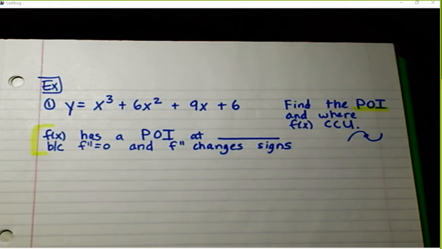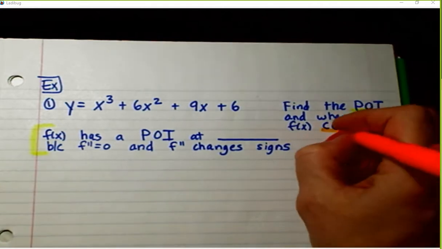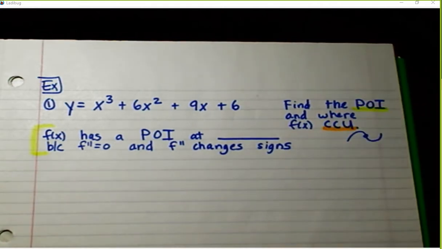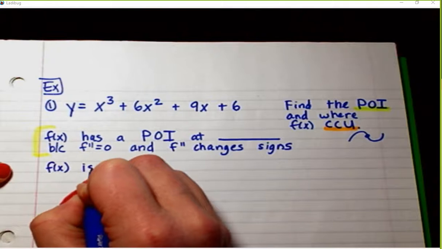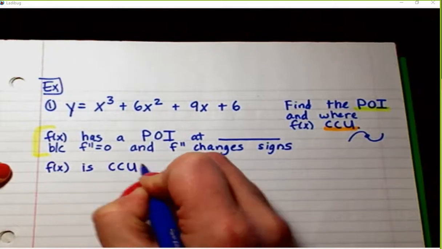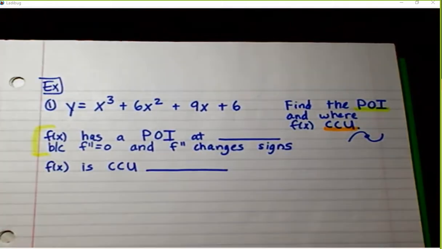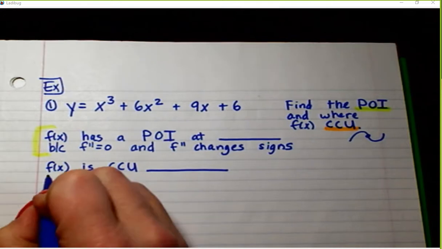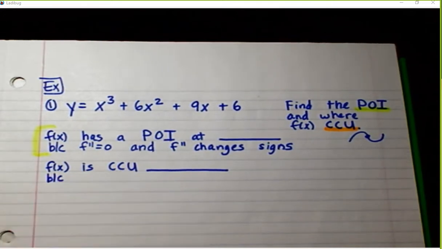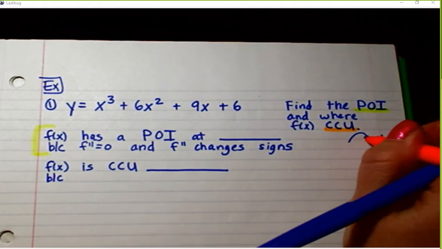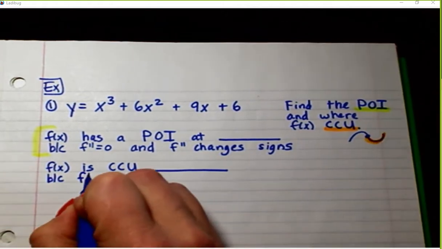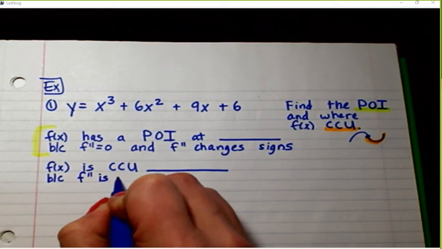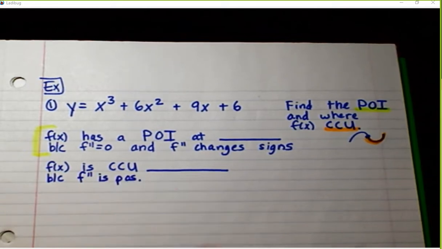I'm going to write my sentence for concave up, and then I'll do the work. Okay. F of x is concave up somewhere because, okay, concave up, double prime is positive.